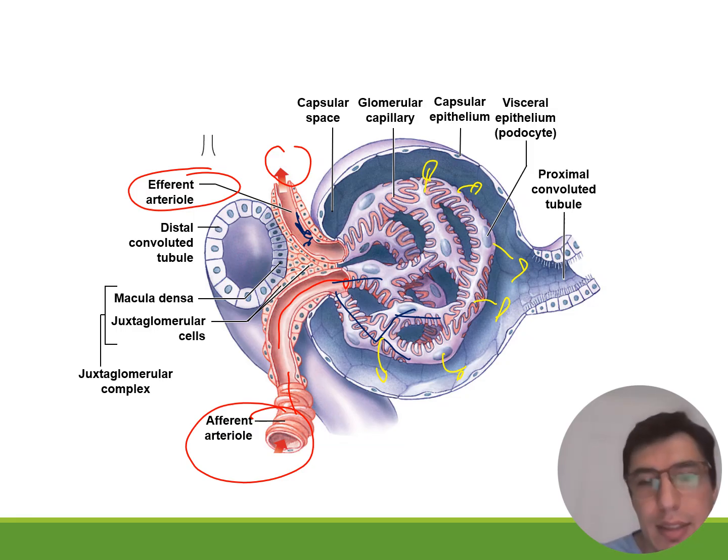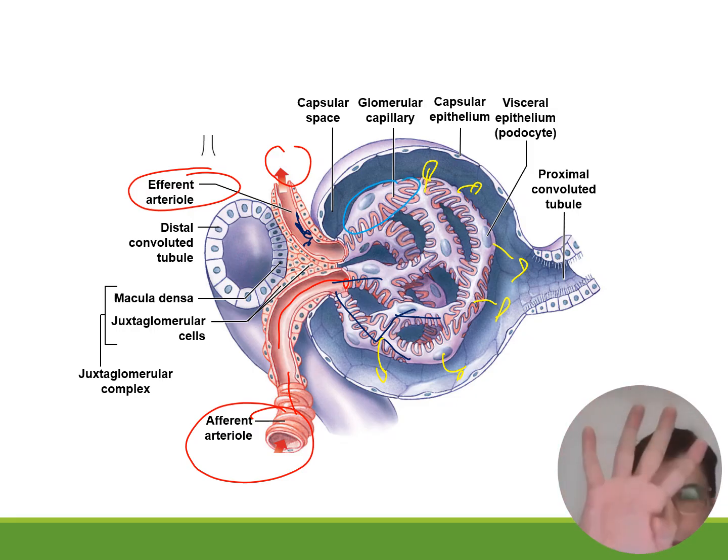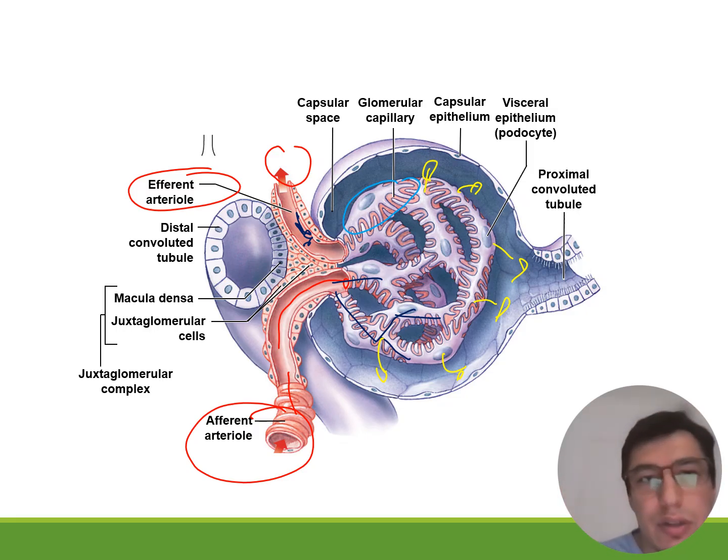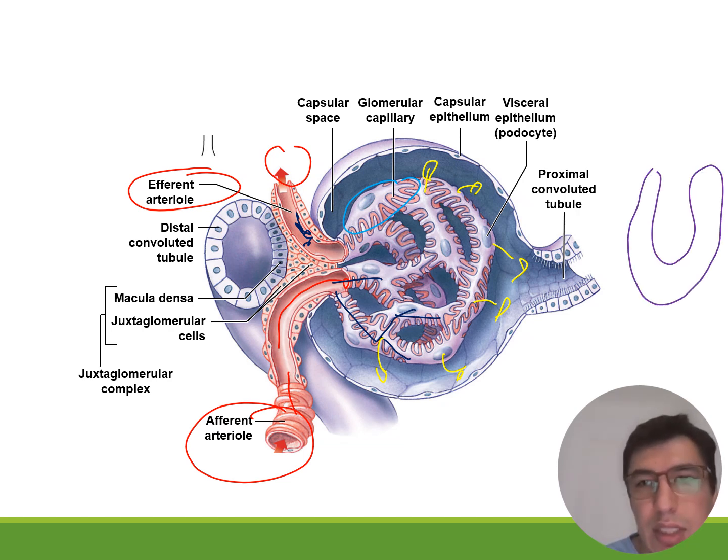The podocytes are the cells you can see right here that have finger-like projections. These finger-like projections allow for the hugging and allow for better filtration. So the insides, although I drew the Bowman's capsule as circular, you can see that it's not circular inside. It's just that it's hugging each one of those membranes.